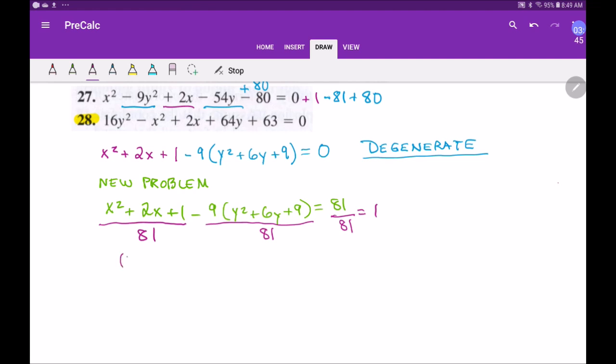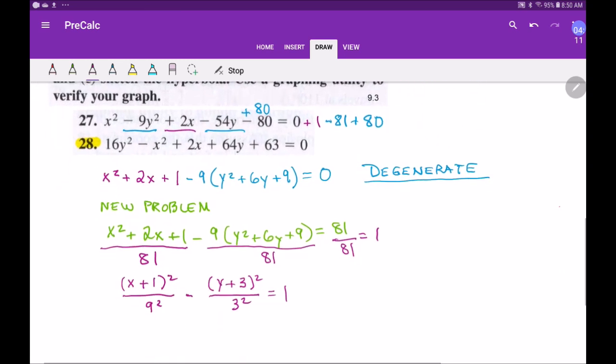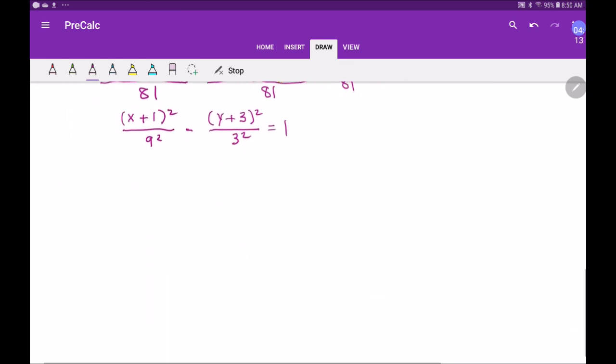So now I have (x plus 1) squared over 9 squared minus the 9 cancels, and I get (y plus 3) squared. 9 cancels, so that means 9's on the bottom, so I have 3 squared on the bottom equals 1. So there's a nice, serviceable, what are we doing? Hyperbola. Yes. Okay. It's hard when you make up things.